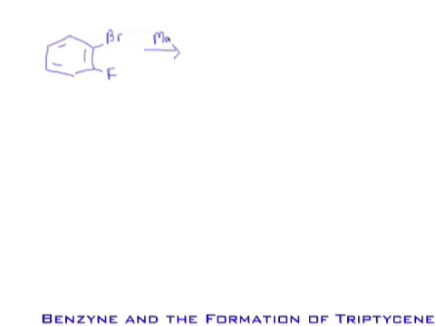We know that magnesium will insert in a bromine bond on an aromatic ring to make Grignard reagent, phenylmagnesium bromide. If the magnesium would combine with the fluoride and make a magnesium bromofluoro salt, it is possible that you would produce benzyne. Now this benzyne is extremely reactive. It's not going to be isolable.